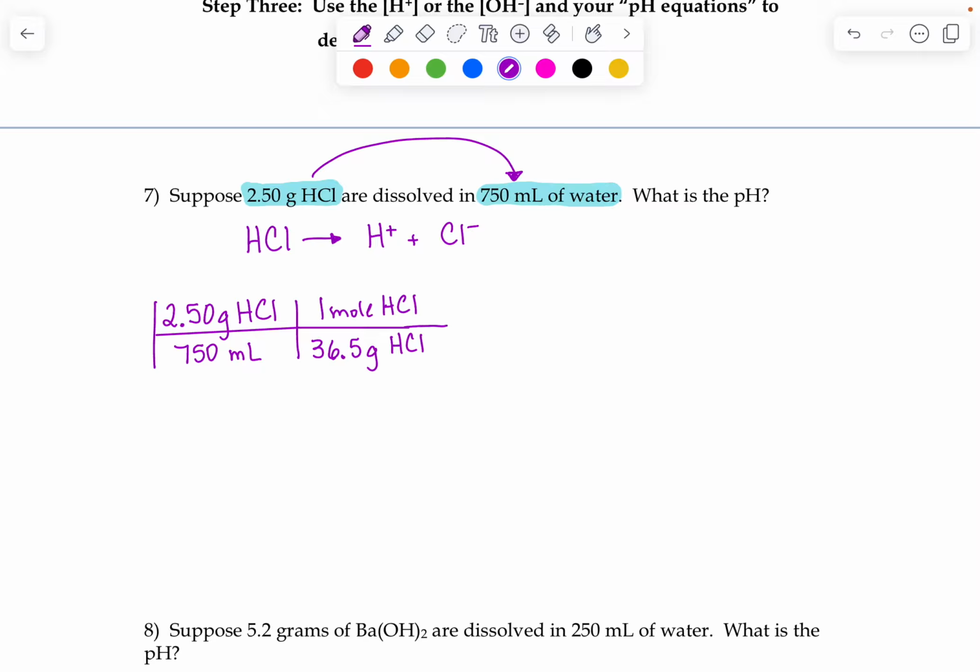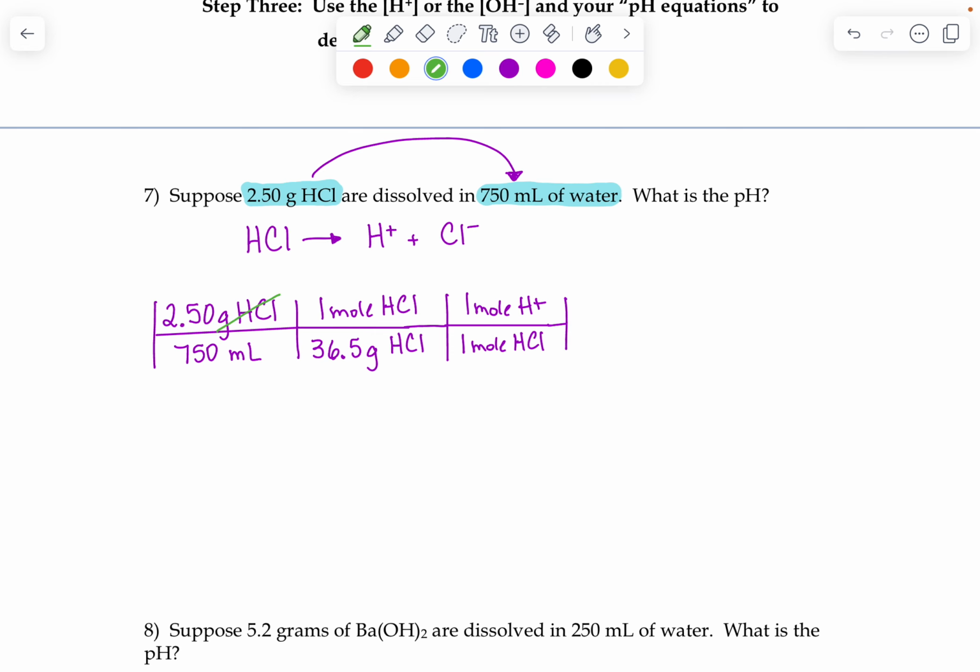But my pH equations that I'm going to use in just a minute don't use molarities of chemicals. They use the molarities of the hydrogen or hydroxide ions. So I need to get the hydrogen ion. So I know from my balanced equation, for every 1 mole of hydrochloric acid, I would get 1 mole of hydrogen ions out of that.